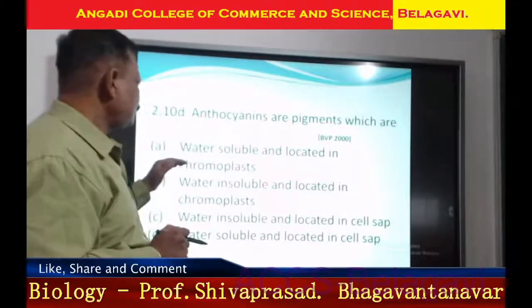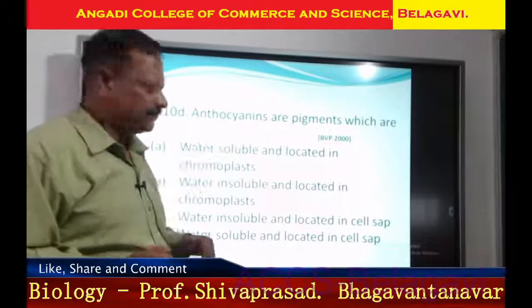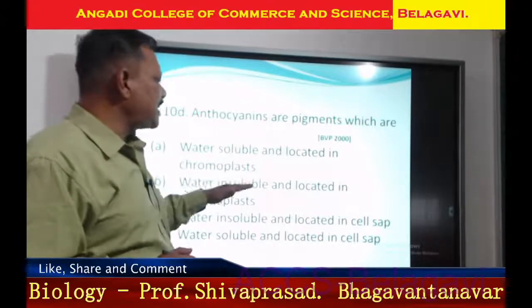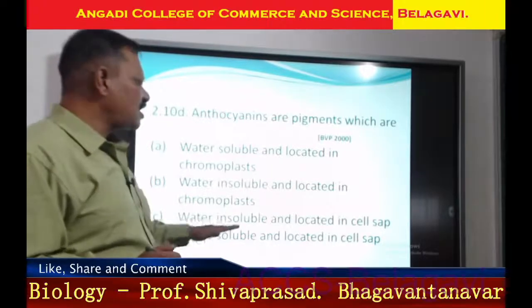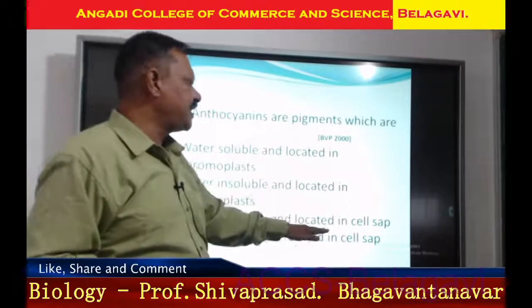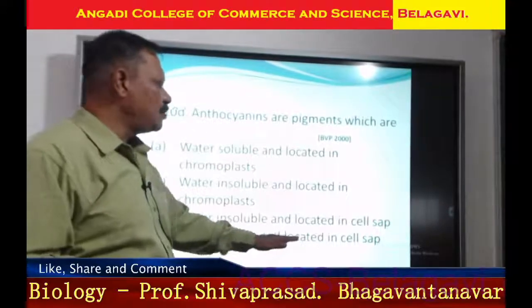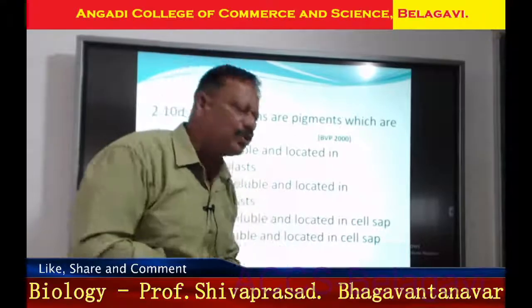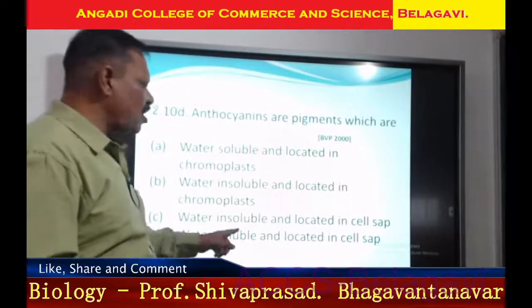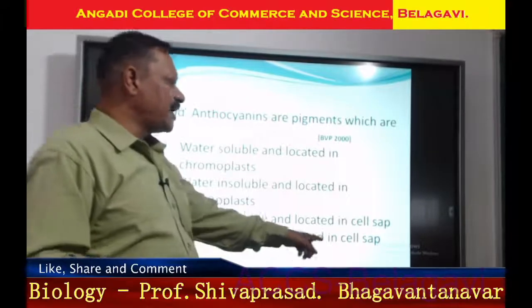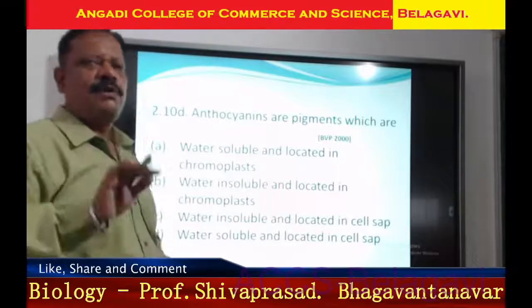Just see the options: water soluble and located in chromoplast; water insoluble and located in chromoplast; water insoluble and located in cell sap; water soluble and located in cell sap. So option D is the correct answer. It is water soluble and also located in the cell sap. We'll move to the next.